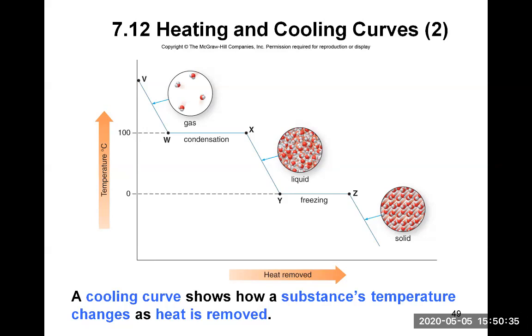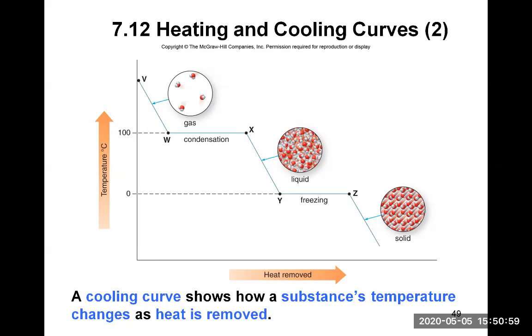And all the while that the condensation is happening, the temperature cannot change, and we stay at the boiling point, which is the condensation point. And so when we have both gas and liquid, the temperature stays until we reach the point where all the gas has been changed into a liquid, and that's point X.